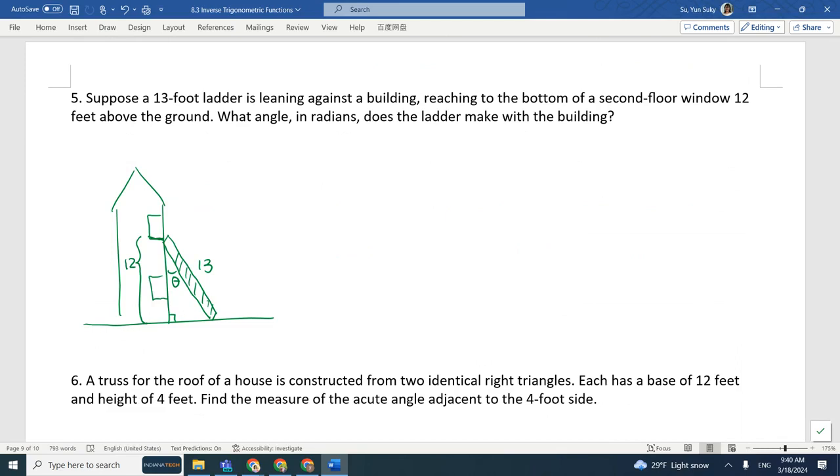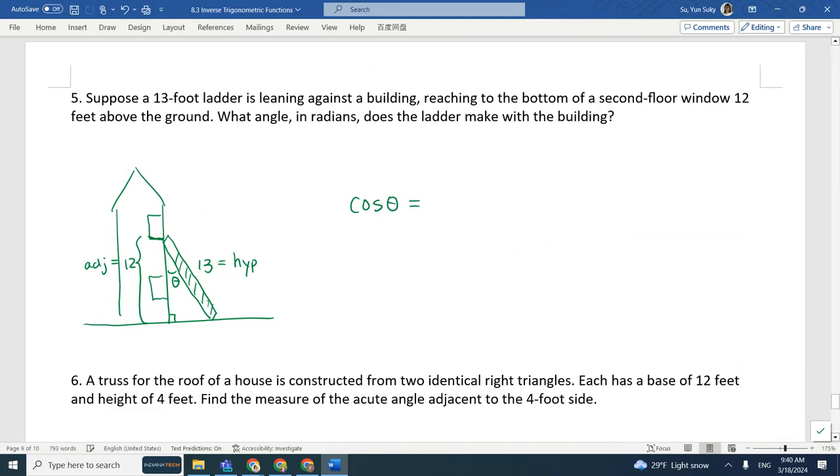And we know the 12 and the 13. What's this side, the 12? Adjacent, exactly. So adjacent is 12. And what is 13? Hypotenuse. What trig function do we use? Cosine.